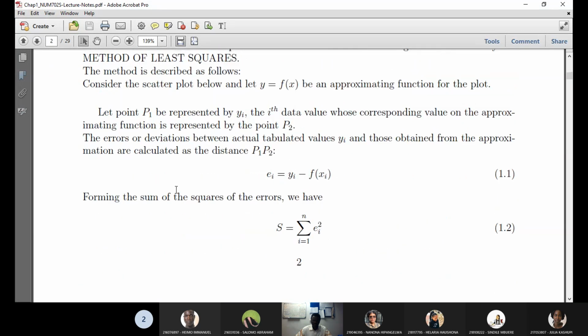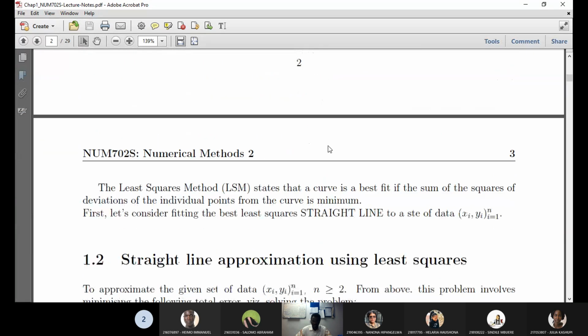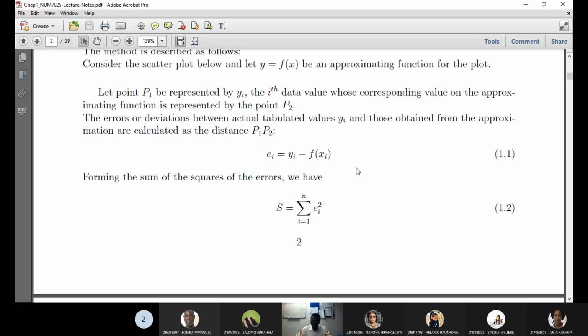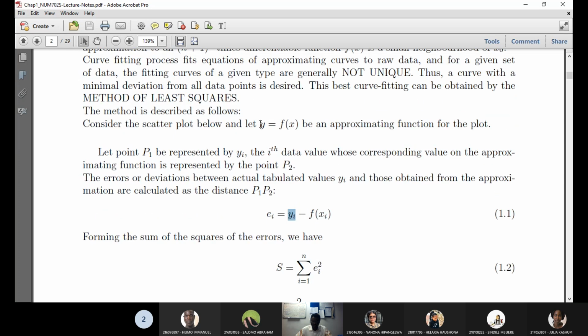In the least square method, we have the set of data points, as I mentioned already, the set of data points xi, yi. You have your xi and yi. That is your data point. Now you want to represent it using an expression, this type of expression, y equal to f of x.